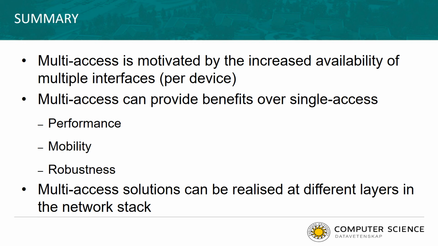It can support mobility because if you move in and out between different networks and you have a multipath or multi-access capable application or protocol, you can do this seamlessly and with much less interruption at least. And finally, you may also be able to increase your performance by aggregating and sending data over multiple paths simultaneously. And as we have seen in the lecture, multi-access solutions can be realized at different layers in the communication stack. And these also have different pros and cons depending on where you realize your solution.